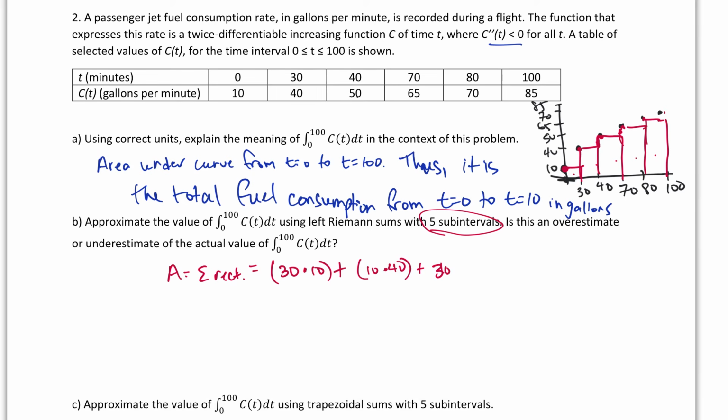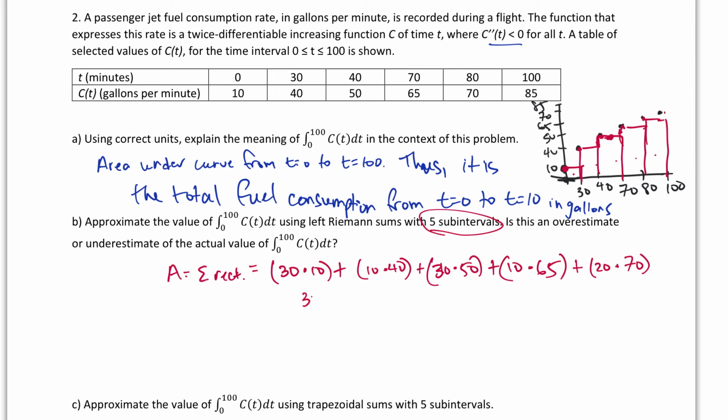I'm going from 40 to 70, and a height up here of 50. Then the next rectangle from 70 to 80 has a width of 10 and a height up there at 65. And then the next rectangle has a width of 20 and a height up there at 70. Remember, we don't use that last point, which was 85.